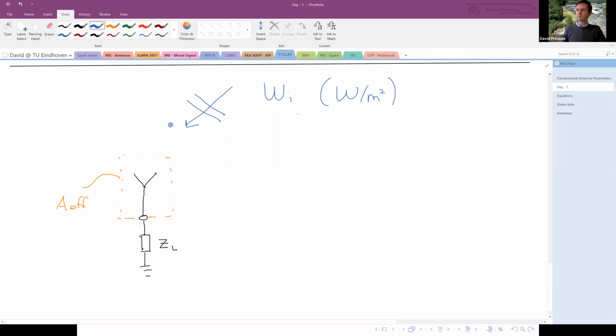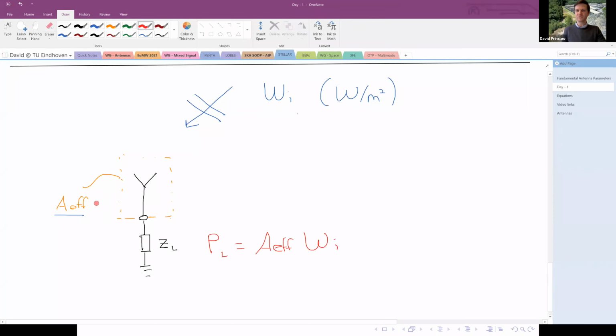The useful tool, for the lack of a better word at the moment, of effective area is that we can define a received power in this load. So the power received by this load is equal to the effective area multiplied by this incident flux density that we have.